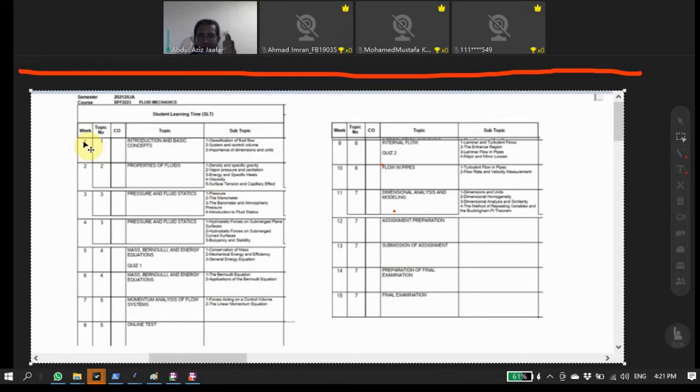You have to propose a project that involves fluid flow, and it should be sufficiently complex to be solved. So that will be how we're going to run the course.